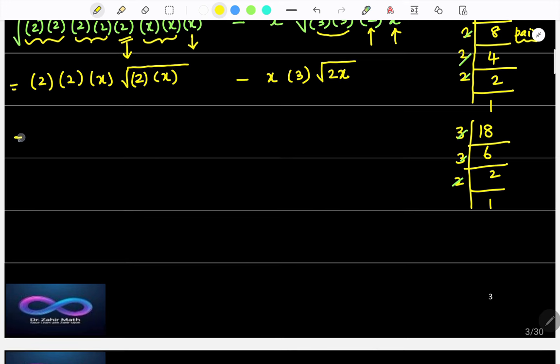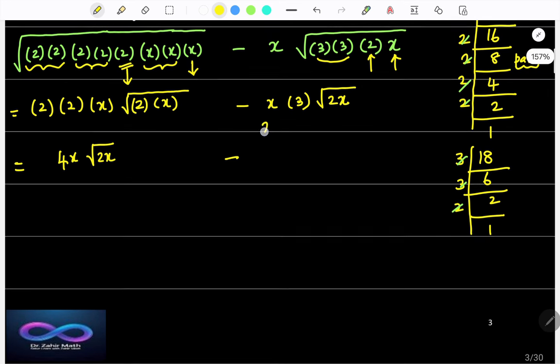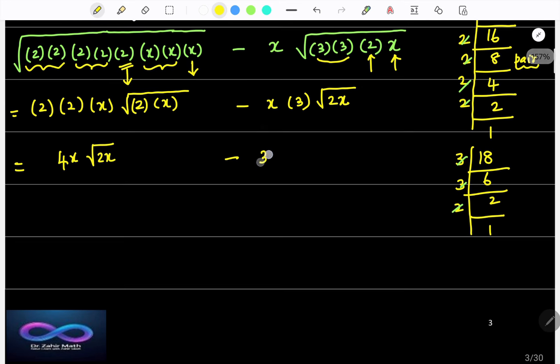So this equals 2 times 2 is 4, 4 times x is 4x times square root of 2x, minus 3 times x is 3x times square root of 2x.